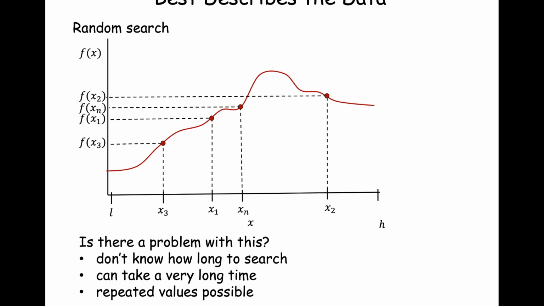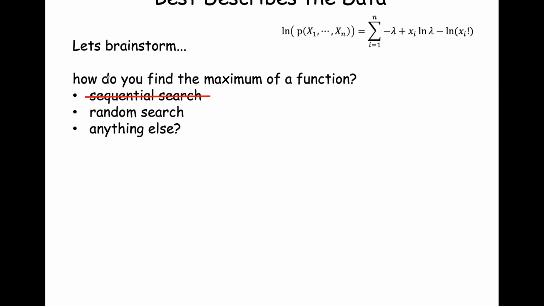It can take a very long time if you are probing many, many times randomly, and repeated values are possible, and you might never come close or have enough coverage to find xm, that point where it achieves the maximum, right over here, xm. And so there's a problem with randomized search.